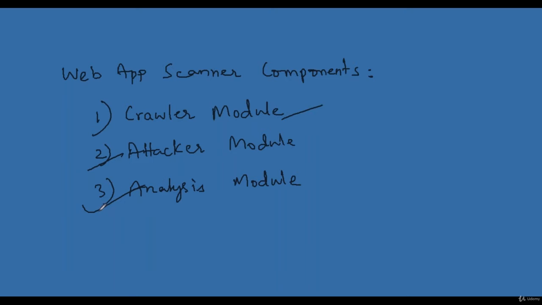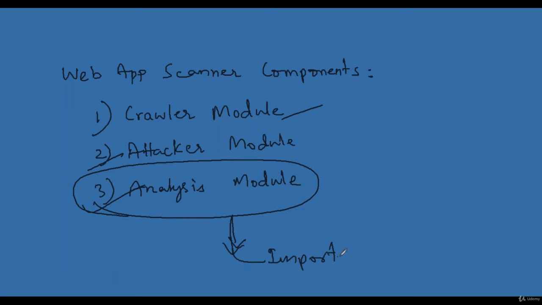So what ASM does is it gets the output from the web app scanner, and these results can be imported into ASM, and we can see which vulnerabilities can be resolved or mitigated by ASM features, or which are actually applicable to your ASM.